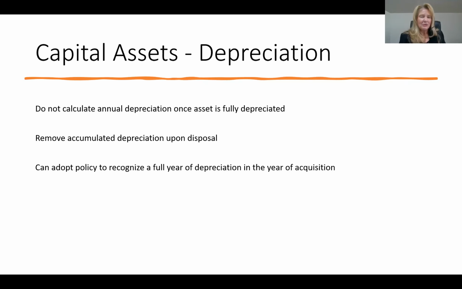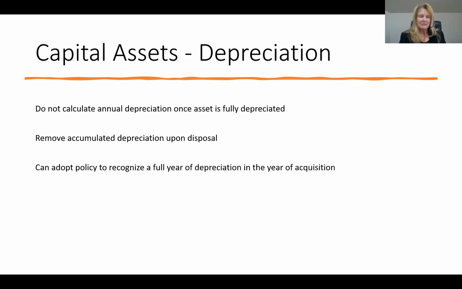Then you're going to remove accumulated depreciation upon disposal. So if we talk about that fence and it was originally $5,000 and I've fully depreciated it, then I'll remove that $5,000 of depreciation from accumulated depreciation. We'll show you an example here in a few minutes.